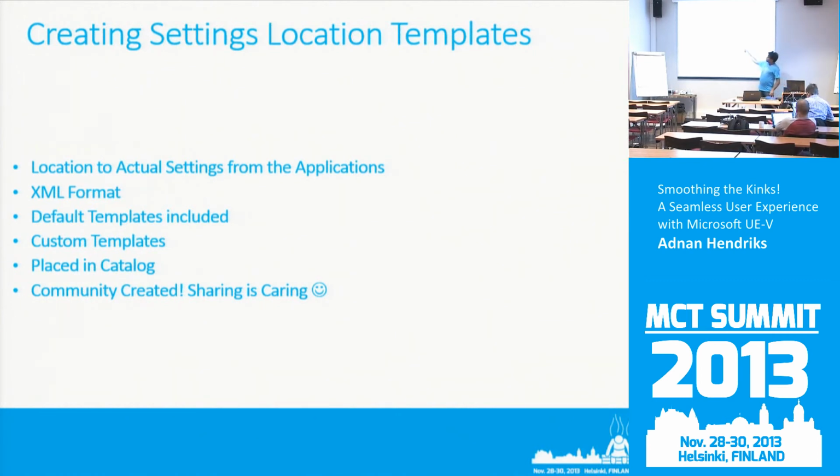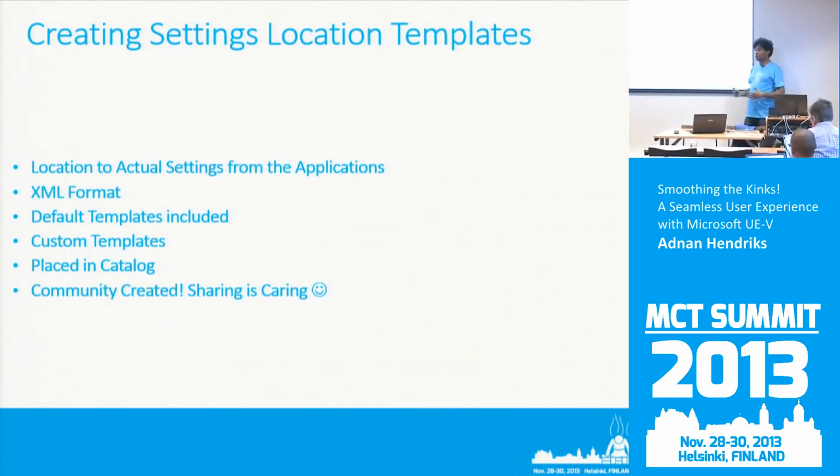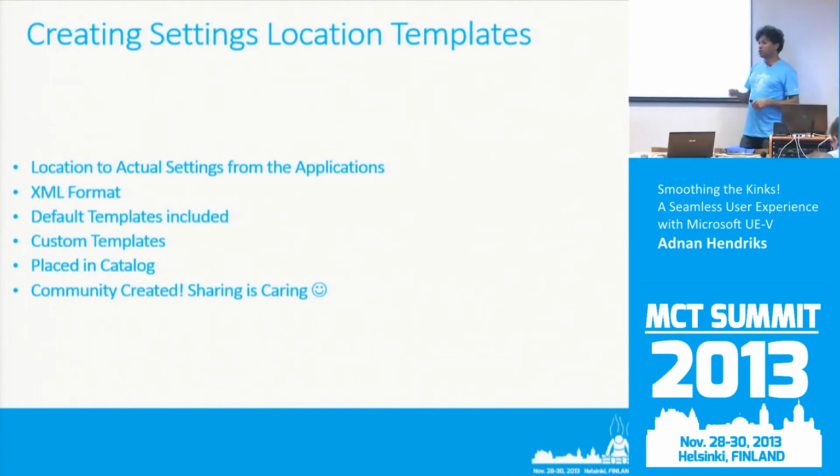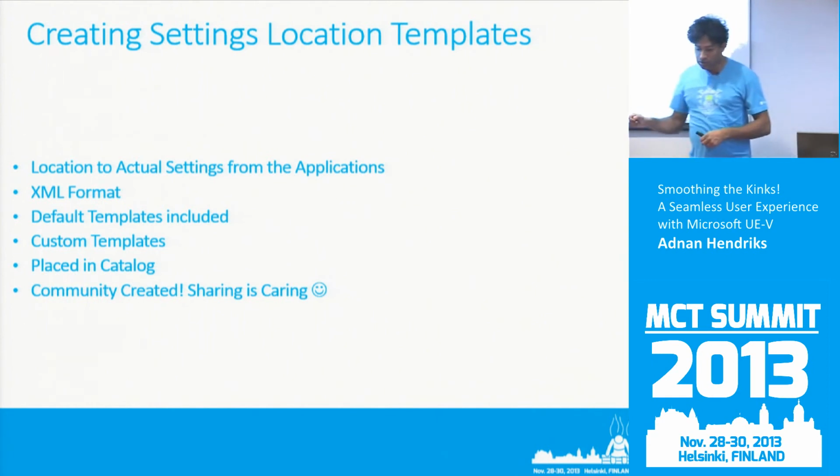So UEV works with a different bunch of settings location templates. It's really just XML files that tell the agent where to go and look for the settings of the different applications.